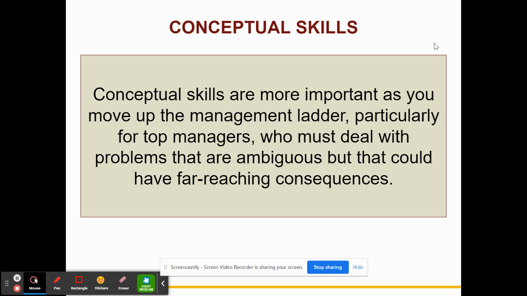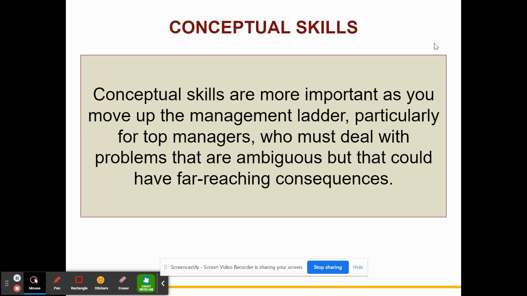Conceptual skills move up the management ladder. So top managers, with conceptual skills, are in charge of the big picture, right? They are in charge of the decisions that will have far-reaching consequences for the health of the company as it moves forward, right?